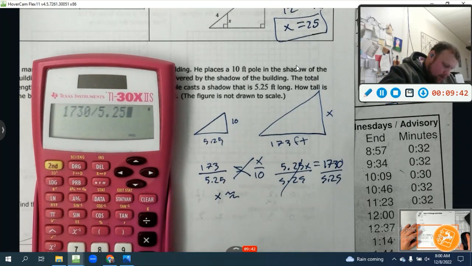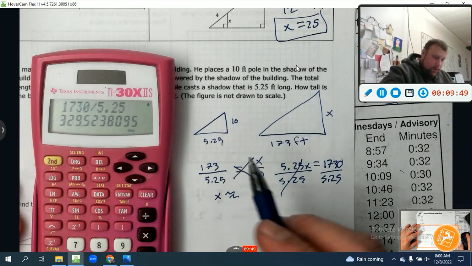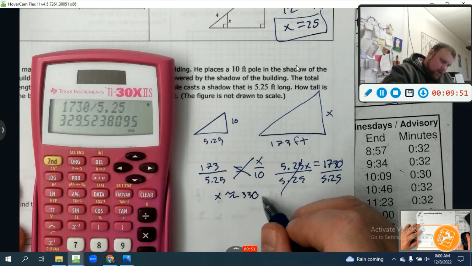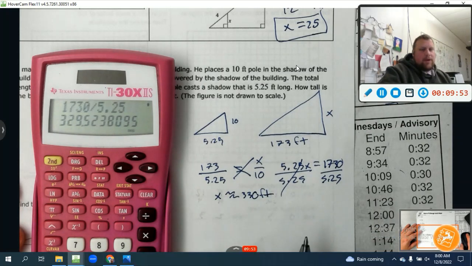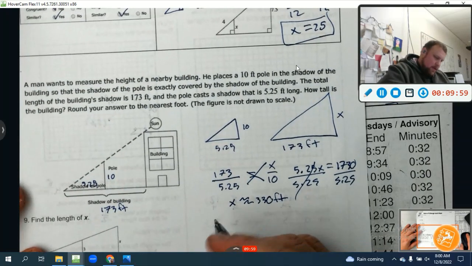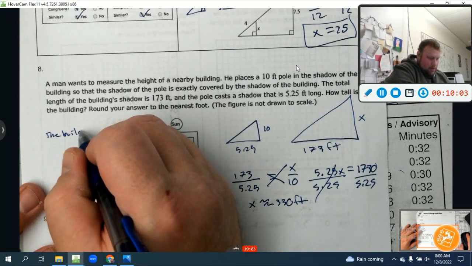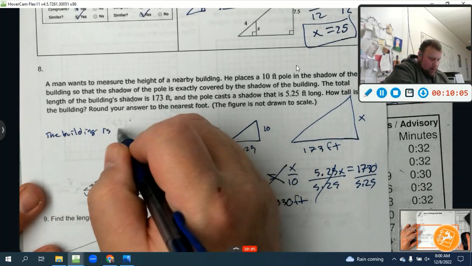So I'm going to round up to 330 feet. Boosh, right there. Look at that. We're getting somewhere. I'm going to say the building is approximately 330 feet tall. That's tall.